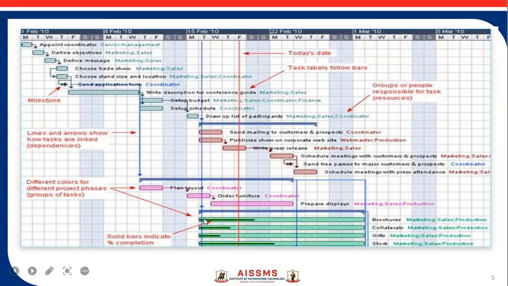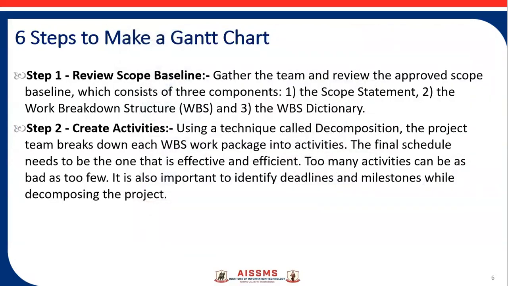Here you can see this line is showing how much this task has progressed till now. At any stage of your progress, you can see how much a particular activity has progressed. So this is the detailed Gantt chart, in which we can visualize multiple things about the project.